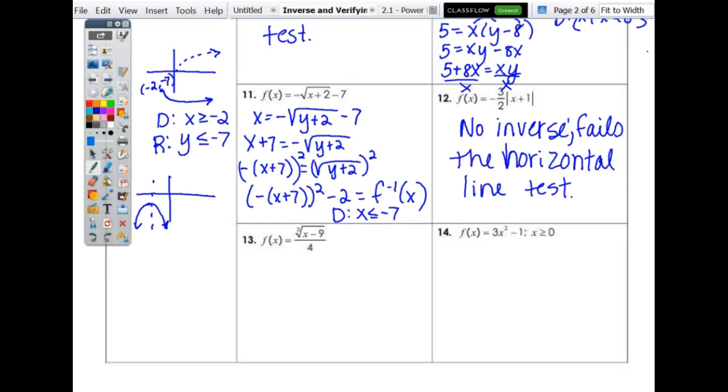All right, 2 more. So number 13 is the easiest one. So when I switch the x and the y, I'm going to put a 1 under this and cross multiply. And what's the reciprocal of the cube root?